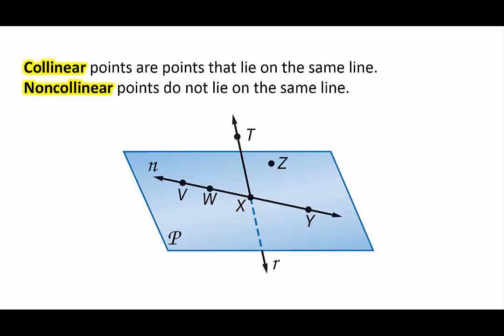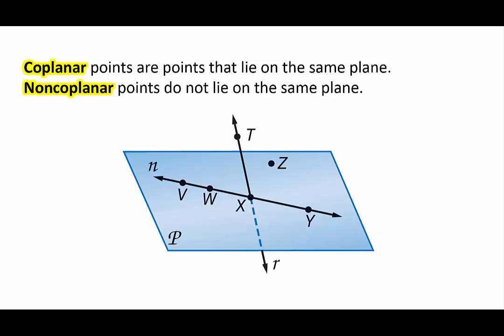For example, points B, W, and T would be 3 non-collinear points because they do not lie on the same line. Another example would be points X, Z, and Y. They do not lie on the same line, so they would be non-collinear.